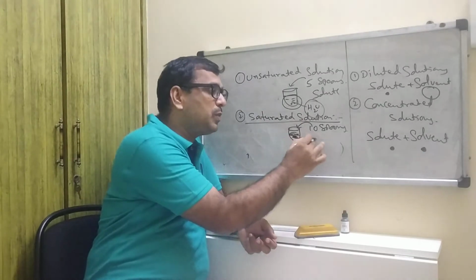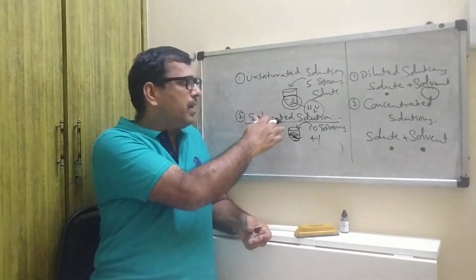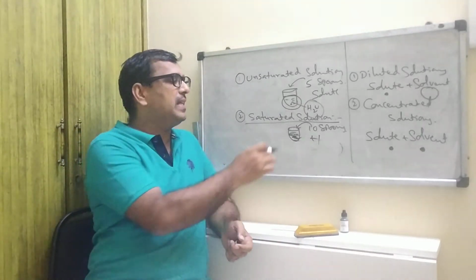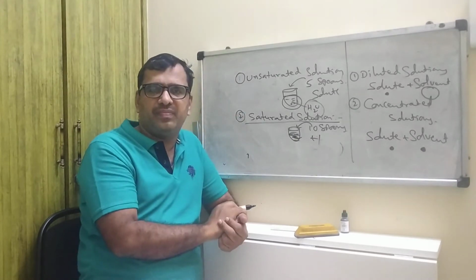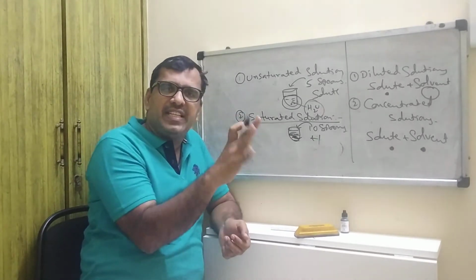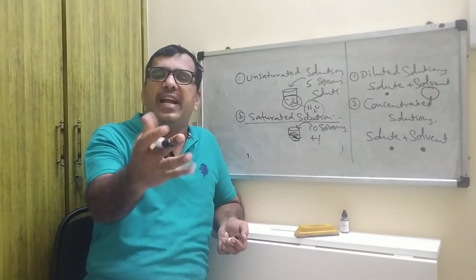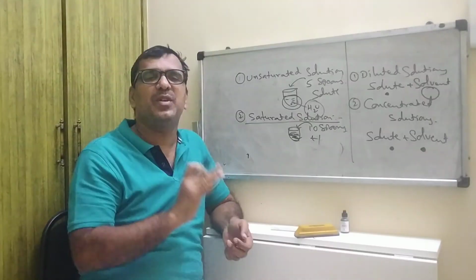You add one more spoon, it will not dissolve. Why? Because it is already saturated. A solution which cannot allow more solute to dissolve in it at a given temperature is known as a saturated solution.